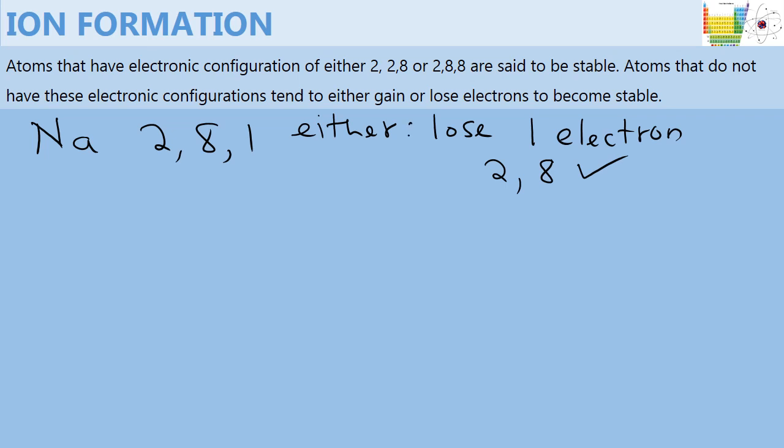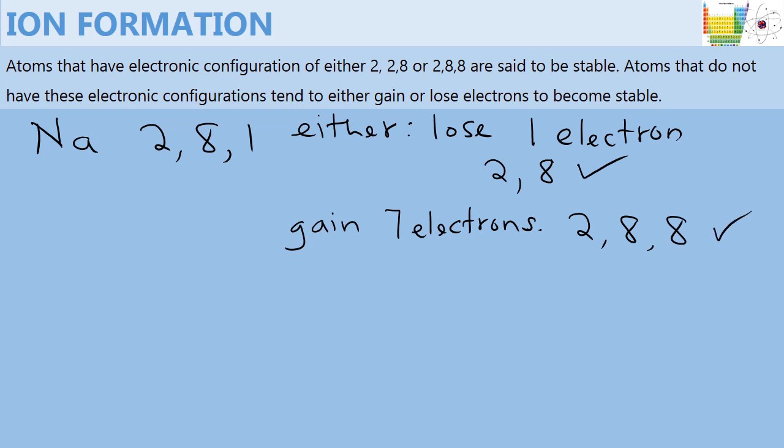Alternatively, it may gain 7 electrons, which will give us a configuration of 2, 8, 8, which is also stable.